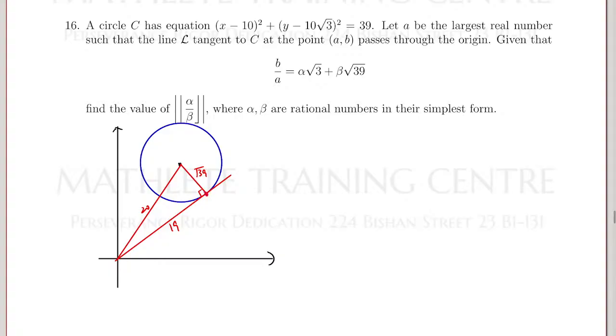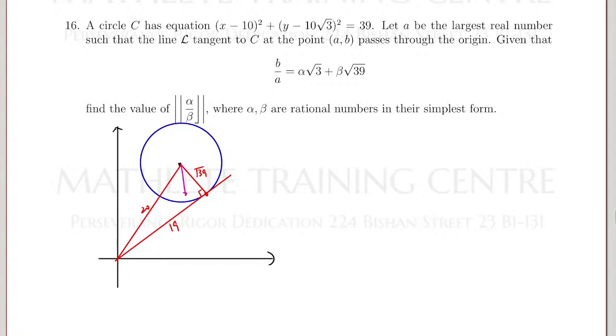wait, now I'm thinking, is it possible to use similar triangles? No, not quite possible to use similar triangles. Okay, so I was thinking maybe it's possible to draw this one and then this triangle is similar to everything else, but this triangle will not be similar to the current shape.